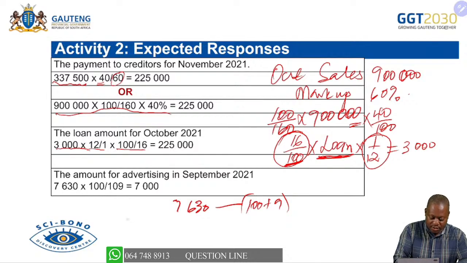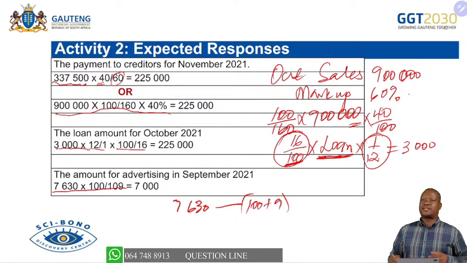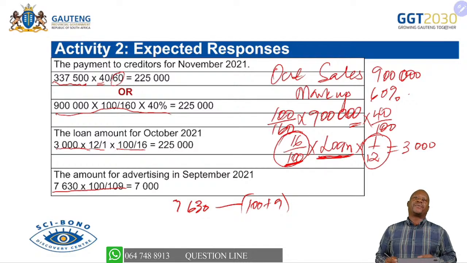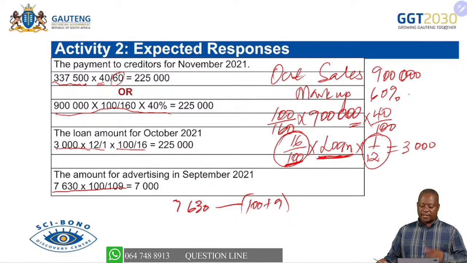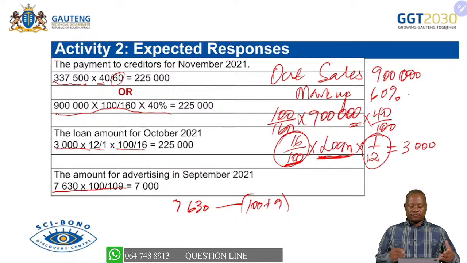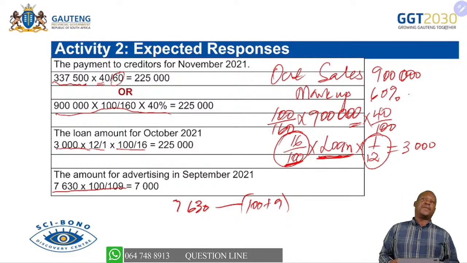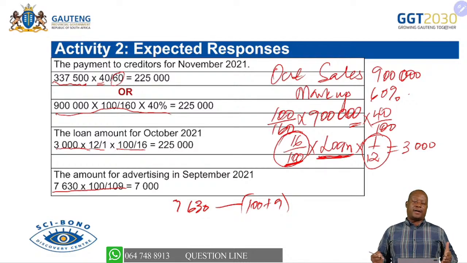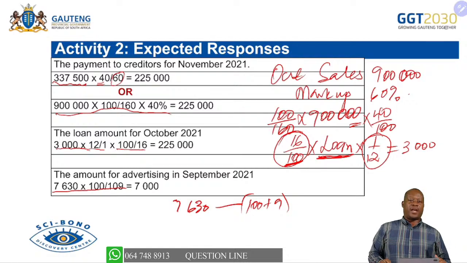So there it goes. 100 over 109 multiplied by 7,630, and it gives us 7,000. So before the increase, it was 7,000. After the 9% increase, it becomes 7,630.